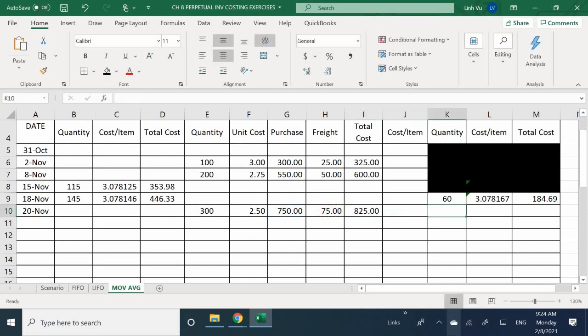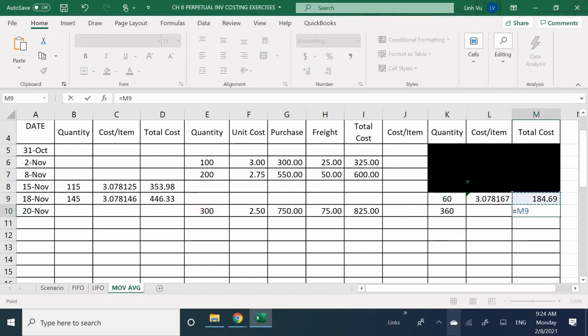Okay. Now, again, I'm going to add my totals together. So 60 plus 300 gives me a total of 360. And then I'm going to add my 184.69 plus my 825, and I should get a total of 1,009.69.